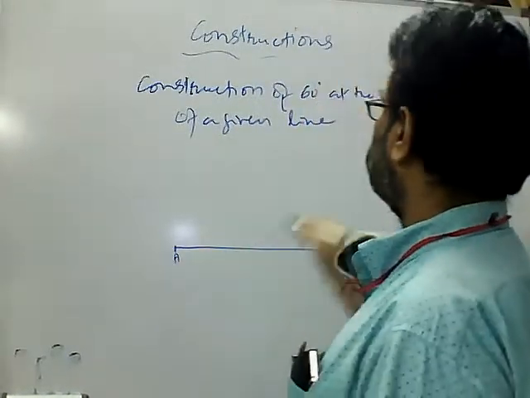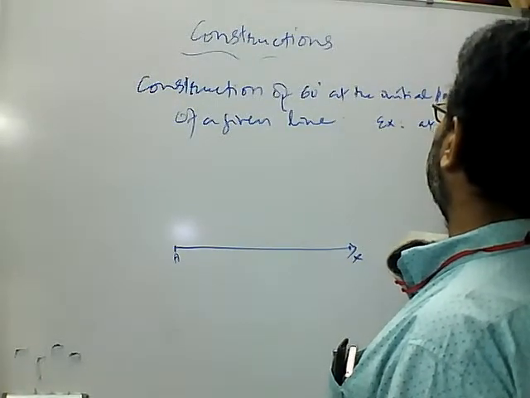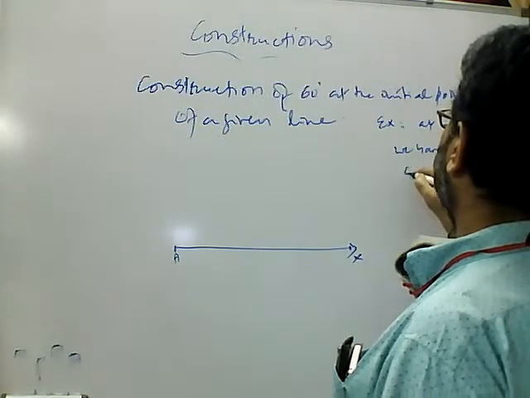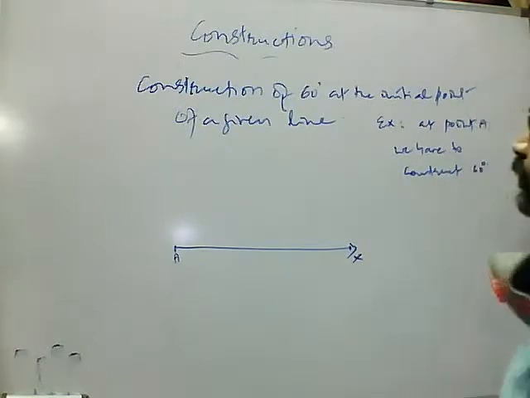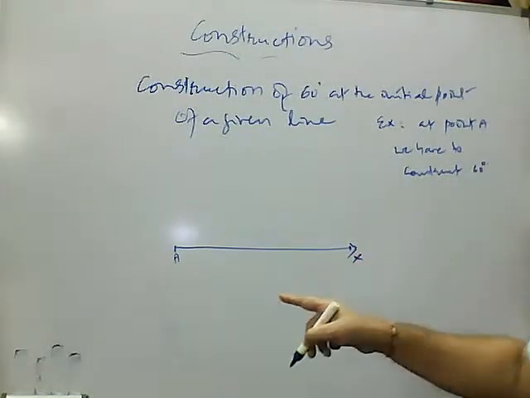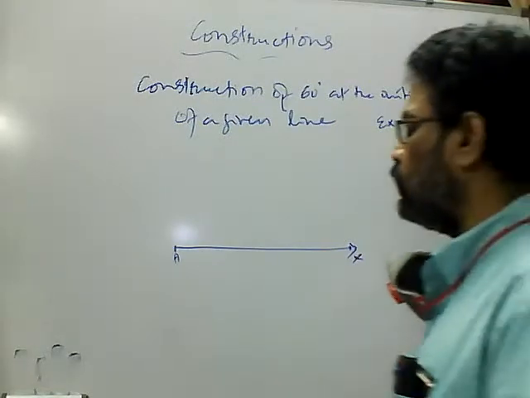So at A you have to construct. For example, at point A, the initial point, we have to construct 60 degrees. Are you clear? So the line is AX, A is the initial point, X is the terminal point, right? So at A you have to construct an angle of 60 degrees.